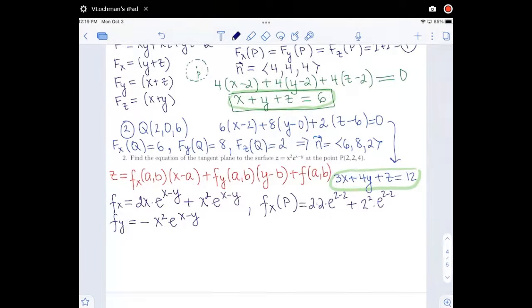Okay, so that's 4 plus 4. So this gives us 8. Then here we get negative 2 squared times e to the power 2 minus 2. We get negative 4 here.